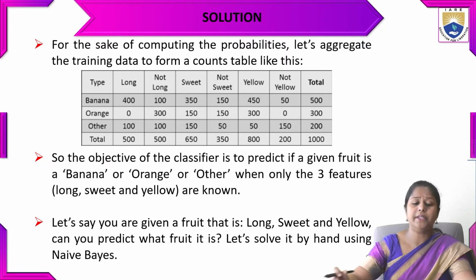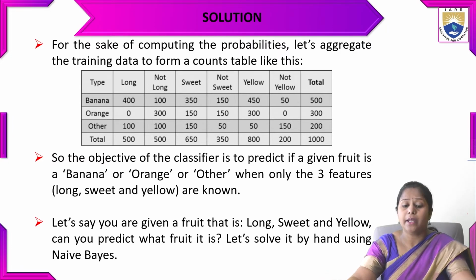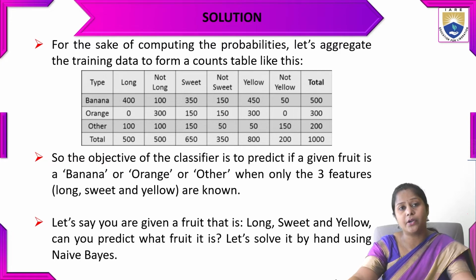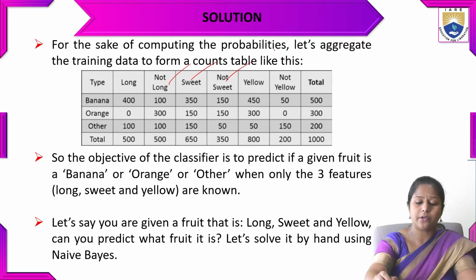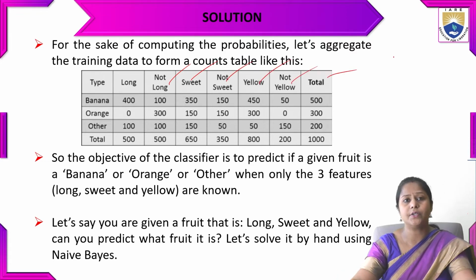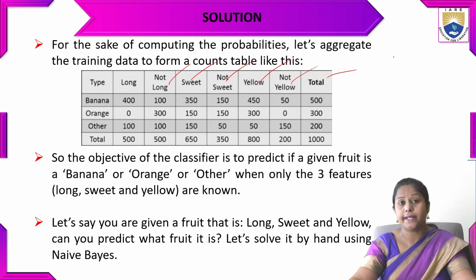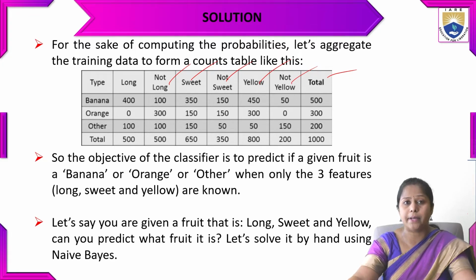Now the solution: for the sake of computing the probability, let's aggregate the training data to form a counts table like this. From those 1000 records we have taken the type: long, not long, sweet, not sweet, yellow, not yellow, and total. So this is the aggregated table we have taken to apply the naive Bayes formula.